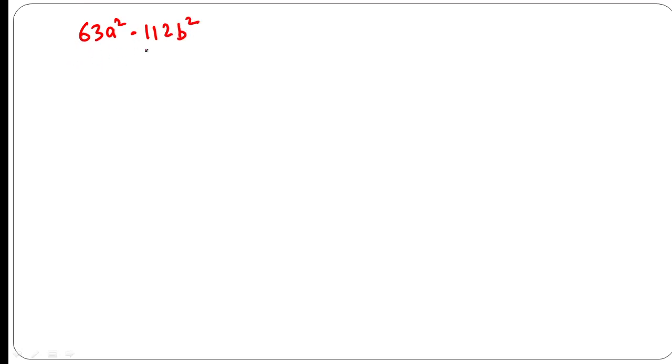Here the common term in both the terms is 7. 7 nines are 63, that is 9a square, minus 7 sixteens are 112, that is 16b square, after taking 7 to be common.